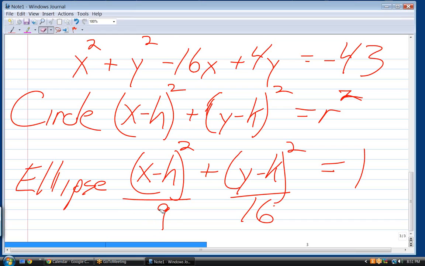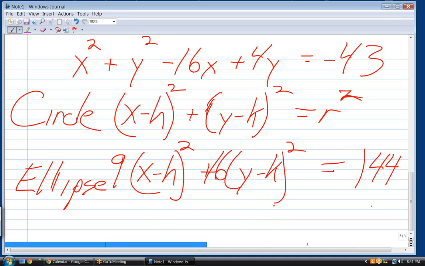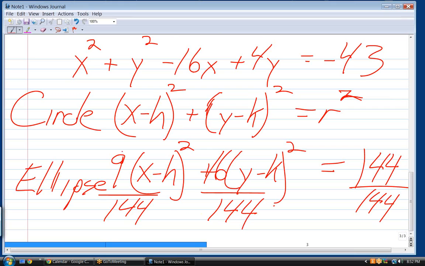And remember, it's a squared. The way you might end up with something like that is, say you had something like this. That's the equation they gave you. My first problem is to make this look like 1, so I've got to divide everything by 144. When I divide everything by 144, it turns this 9 over 144 into 1 over 16.